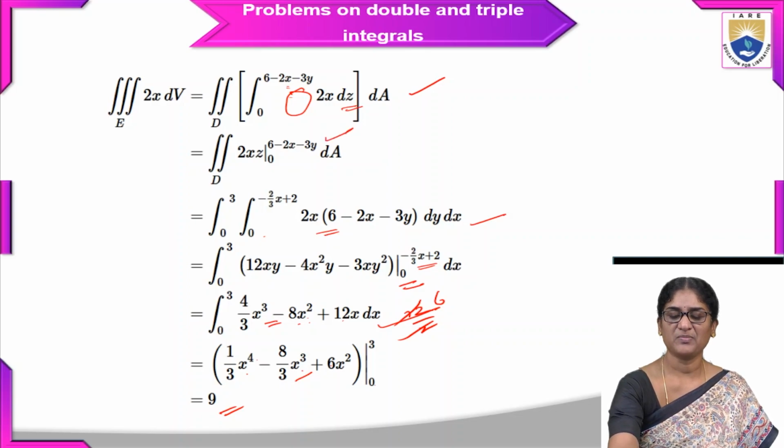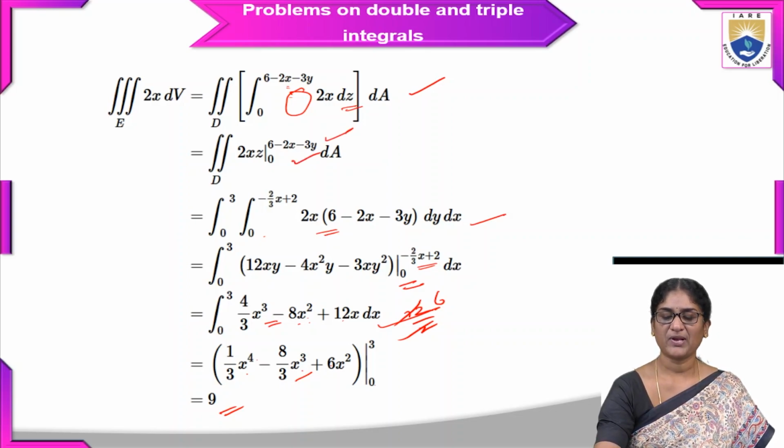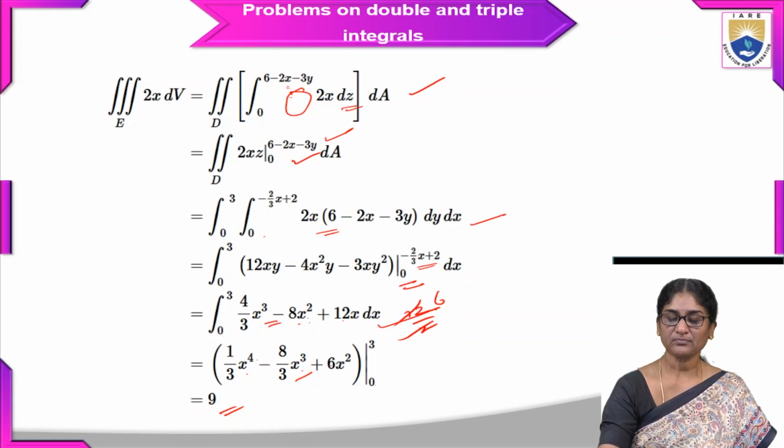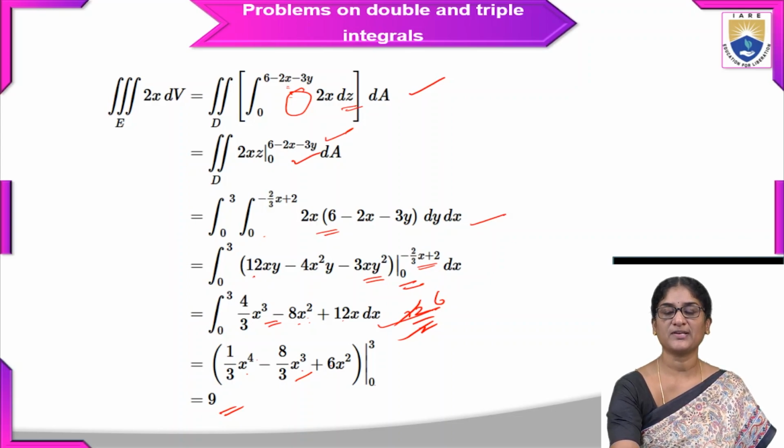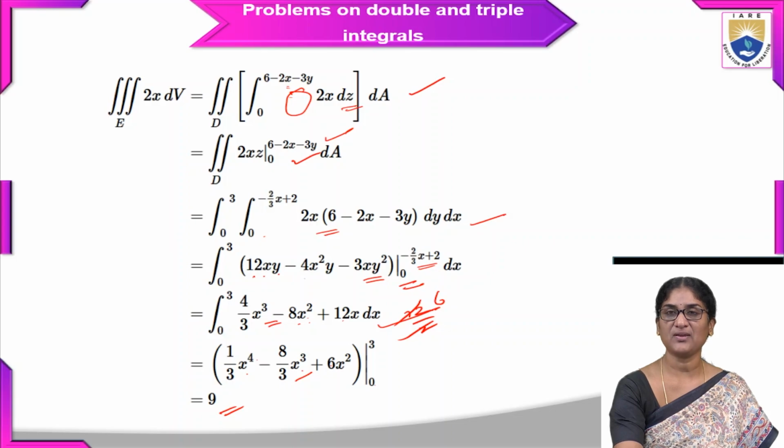Apply the upper and lower limits: the upper limit is 6 minus 2x minus 3y, and the lower limit is 0. So which comes out to be 12x minus 4x square minus 3xy. Upon integrating with respect to y, you are going to get 12xy minus 4x square y minus 3y square. Again apply the limits wherever y is there.